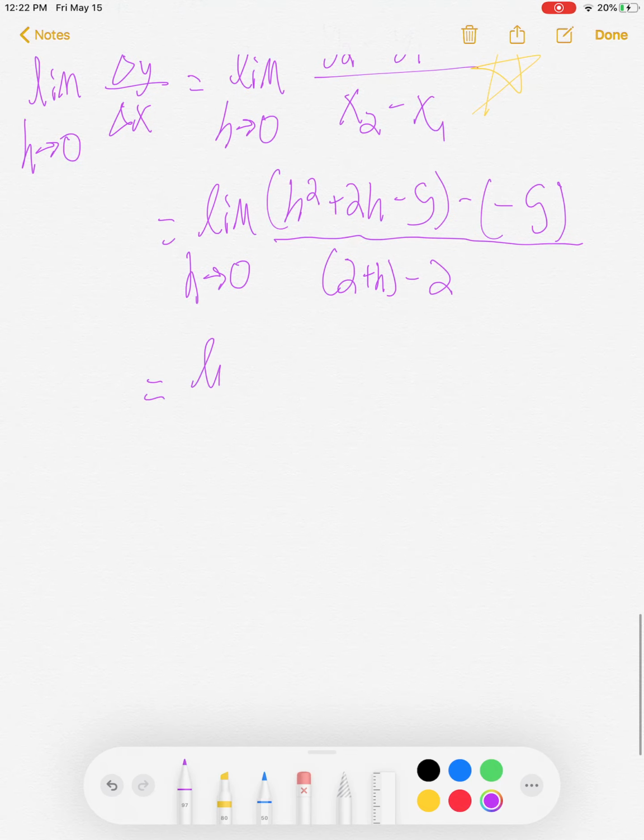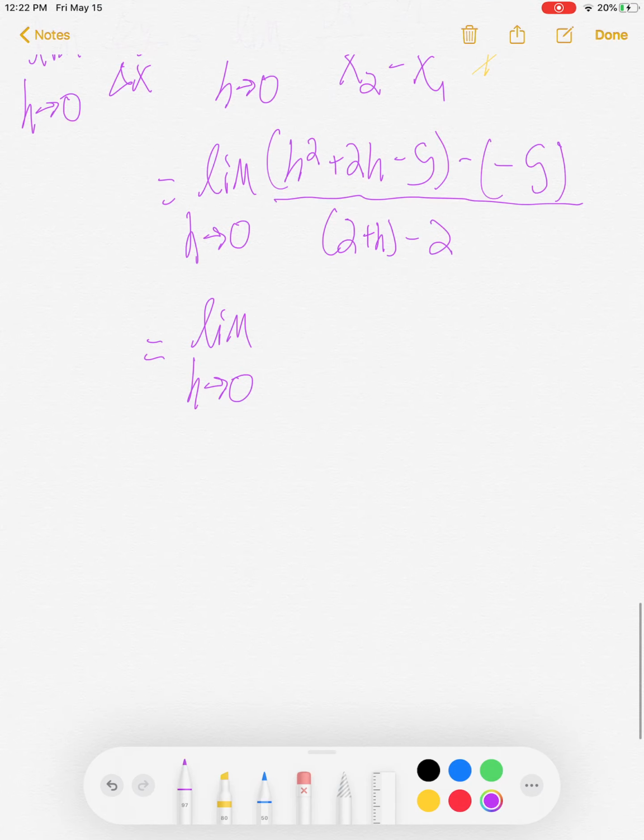So we get to do some simplifying now. In the numerator, h squared plus 2h, those two aren't going anywhere. But then I've got minus 5 and plus 5, so those cancel. And in the denominator, just as with the previous problem, I have 2 and minus 2, so I just have an h down here.